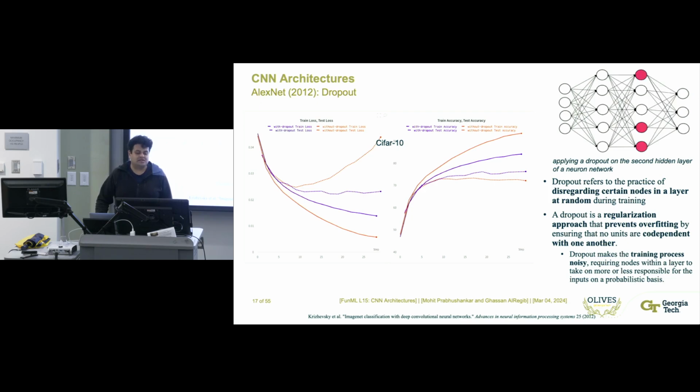So we don't want to see this phenomenon. Rather, what we want to see is something like this blue line over here. This blue dotted line is with dropout, test loss, and you see that it stabilizes after a while. That means that there is nothing more to learn from the data set that you have. So dropout is one of the best regularization techniques that we can use.